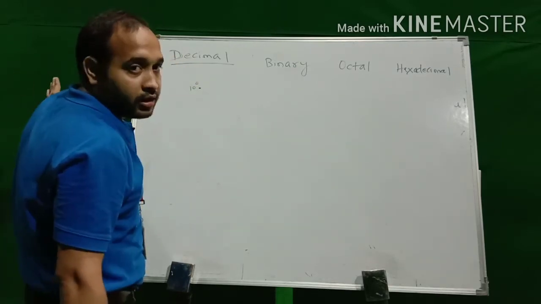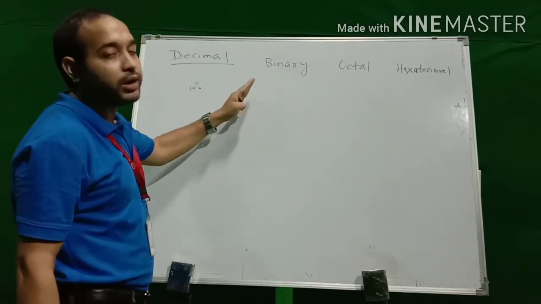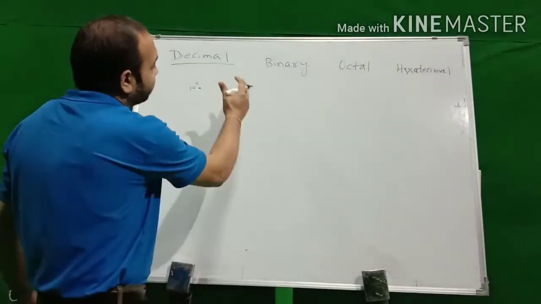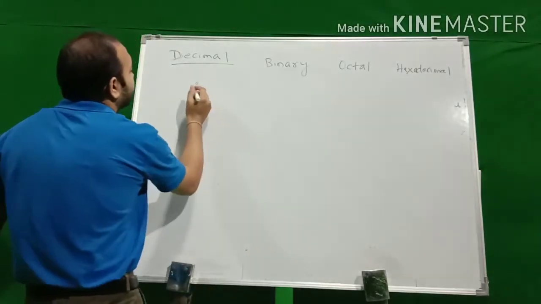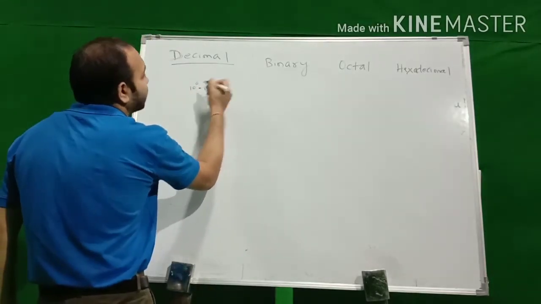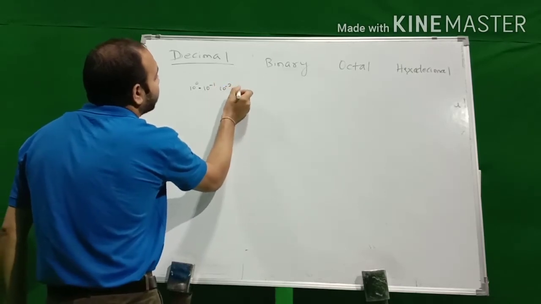But if you are writing the fractional part, then you go right side with the decreasing order of 10.